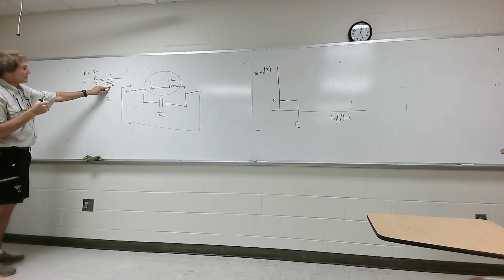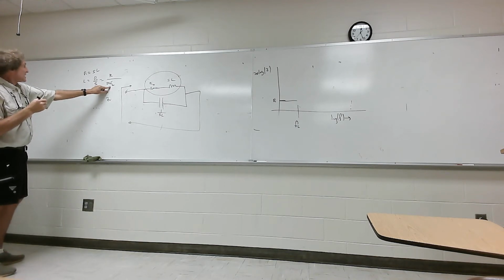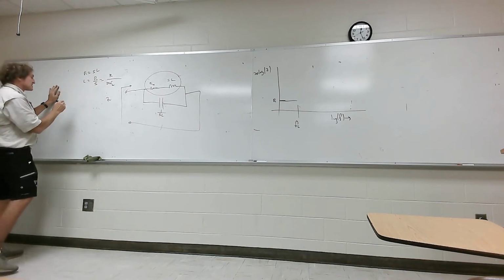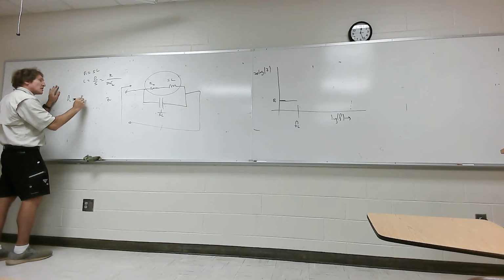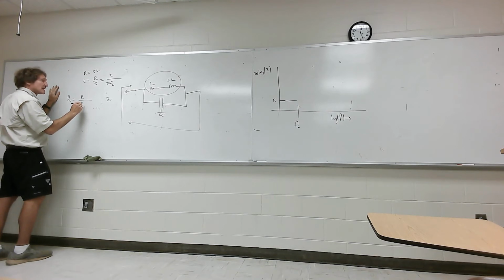And if you want to know what F low is, F low is going to be equal to R over 2 pi times L.